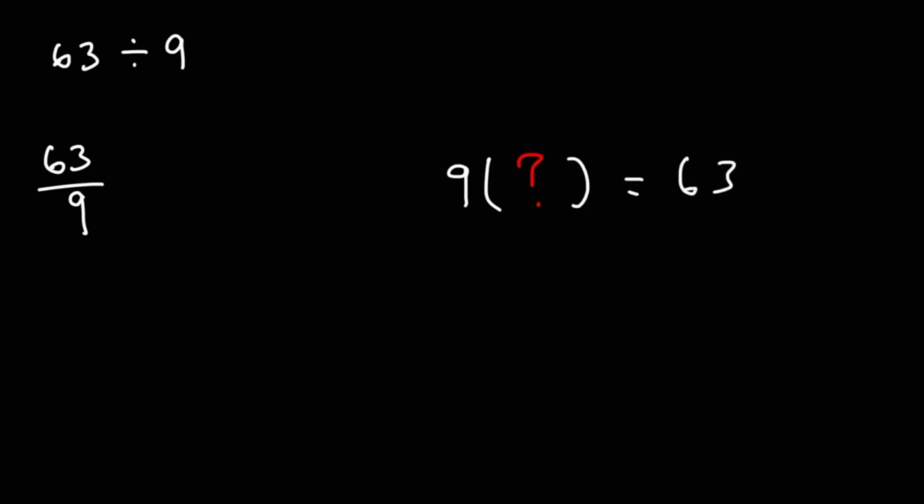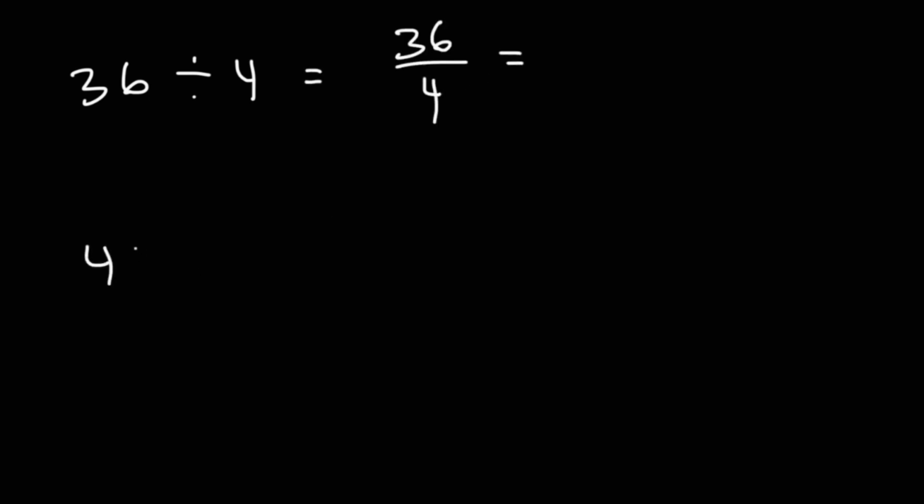And this is one of those situations where it would help if you know the multiplication table. So 9 times what number is 63? Using the multiplication table, 9 times 7 is 63. Therefore, 63 divided by 9 is 7. And so that's how you can divide numbers.